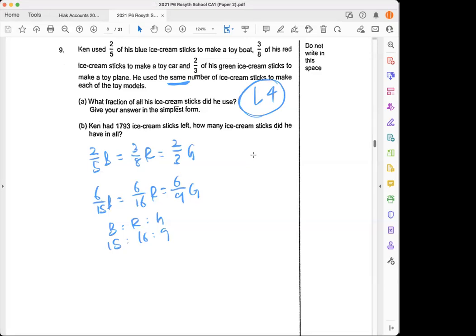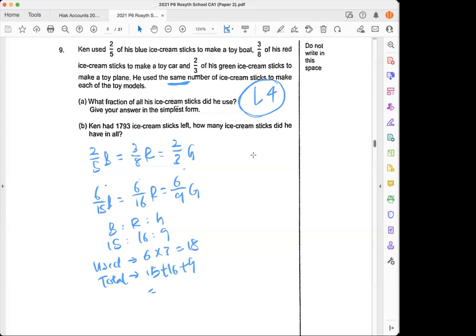These 6 represent the units of ice cream sticks used to make all the different toys. So the total used will be 6 times 3, because 1, 2, 3, and that gives you 18. The total is 15 plus 16 plus 9.